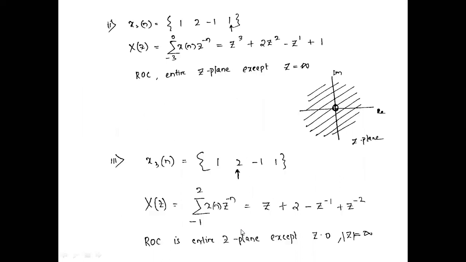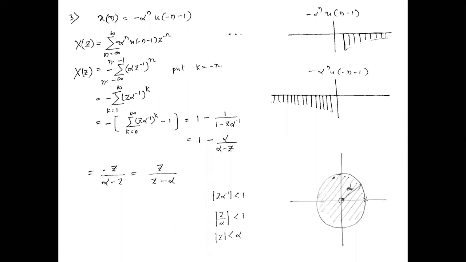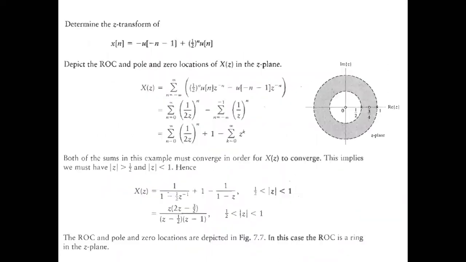In the second signal, except for z equal to infinity. For the third signal, except for 0 or plus or minus infinity. So in all other cases, it's not entire z plane, but it is confined to a certain region.